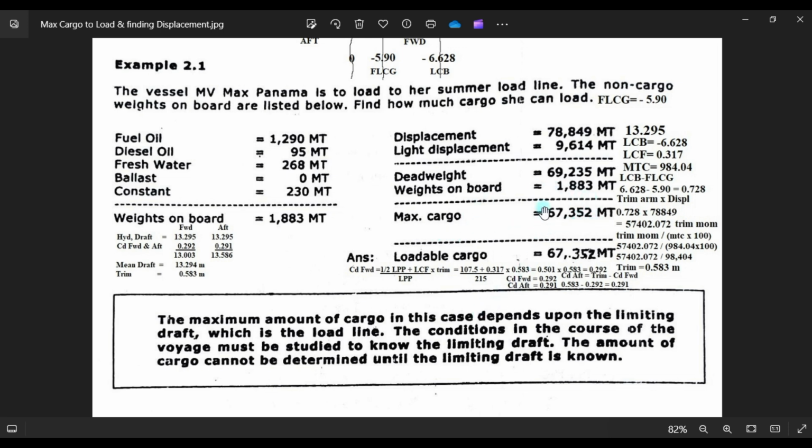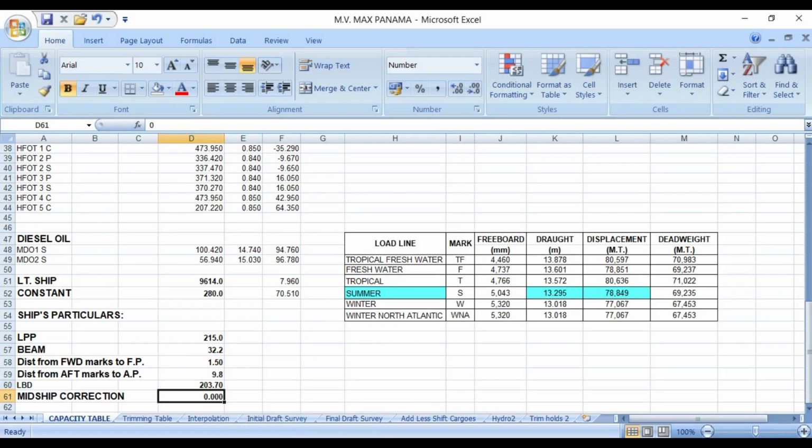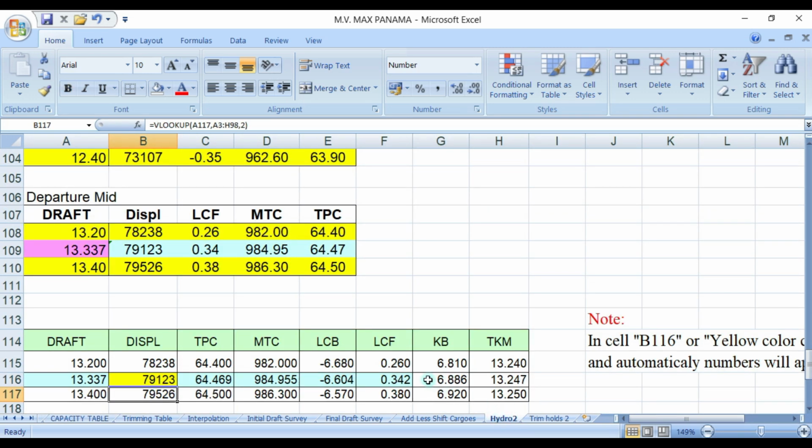Okay, so again we will check this displacement on the graph.